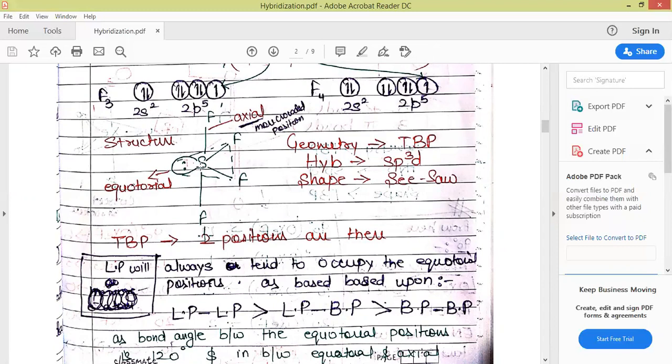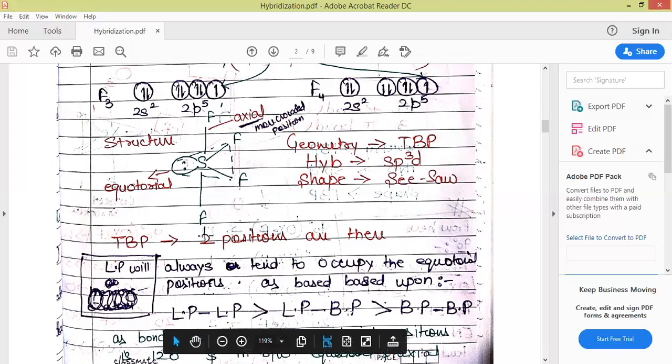This is based upon the fact that in valence shell electron pair repulsion theory, it has already been established that lone pair-lone pair repulsions are more than lone pair-bond pair repulsions, which are further more than bond pair-bond pair repulsions.